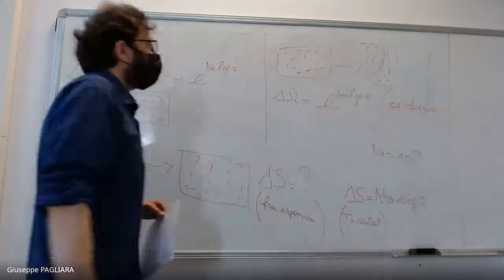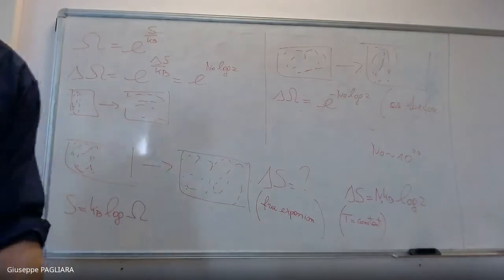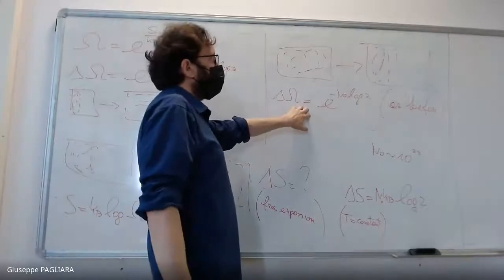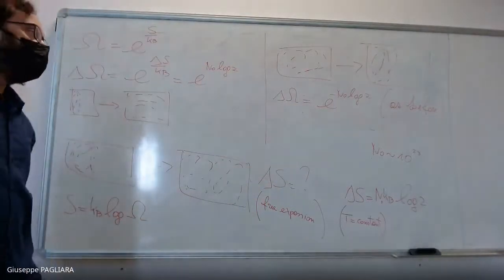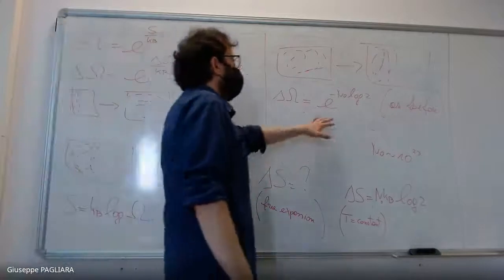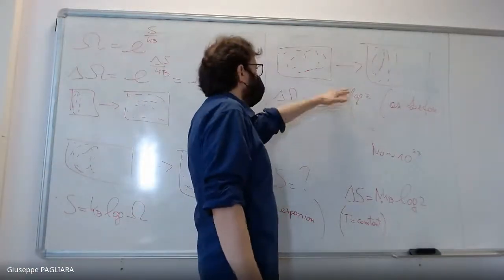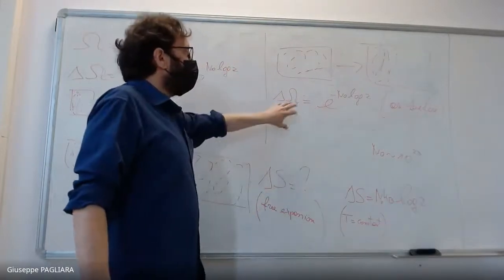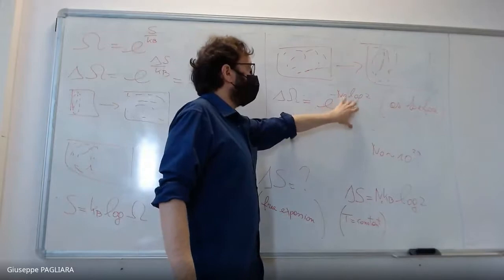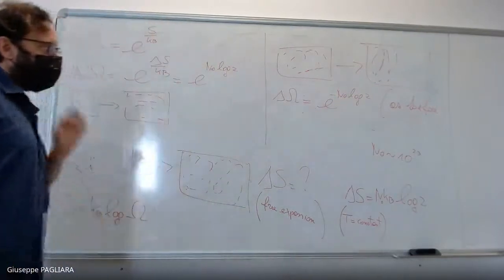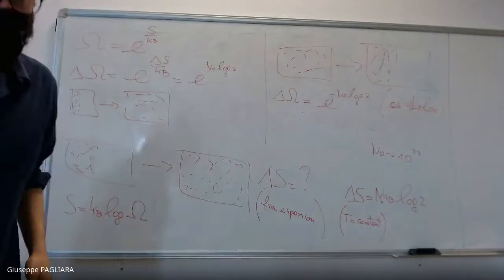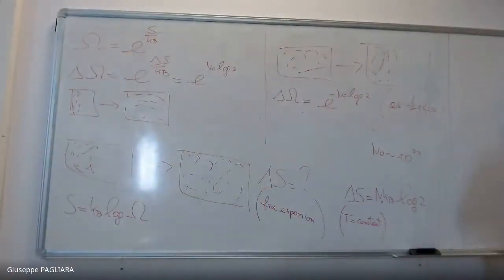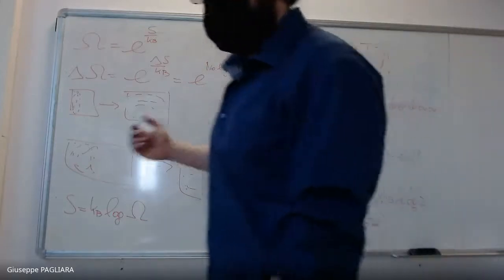So such a fluctuation is very improbable, and can also be seen as a fluctuation of the entropy, which is of course ridiculously small. In the sense that the phase space must be reduced by this factor e to the minus n0 log of 2, but n0 is a very large number. Okay, so such a fluctuation is completely negligible because of those numbers.